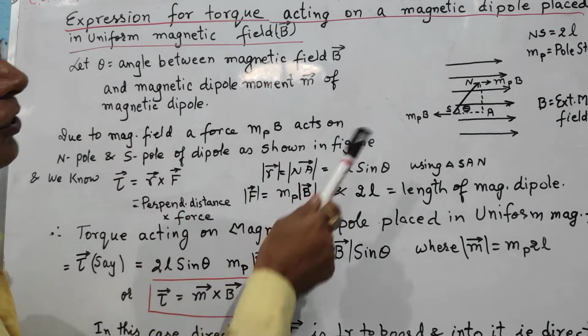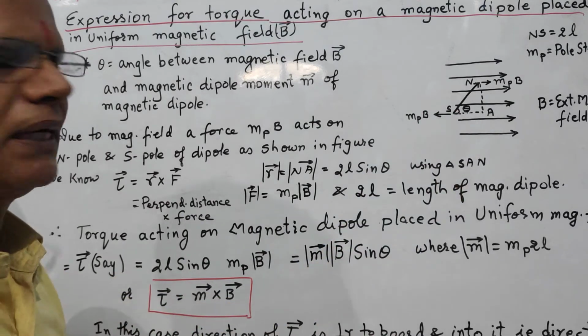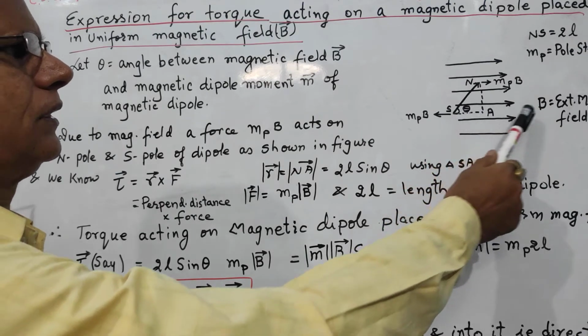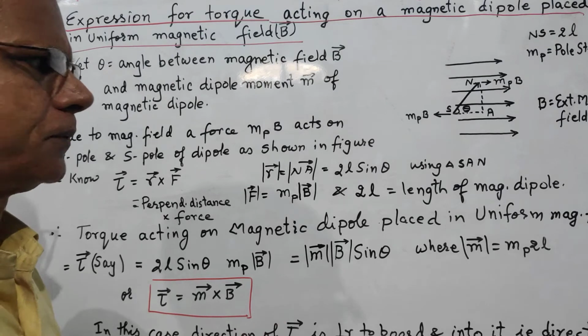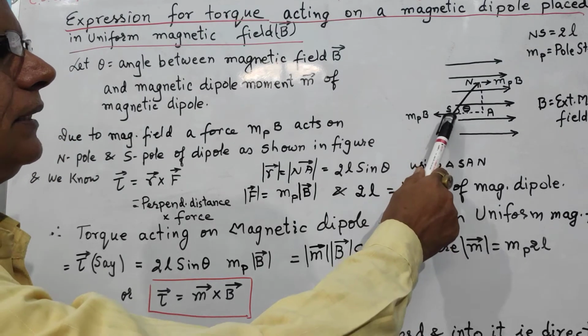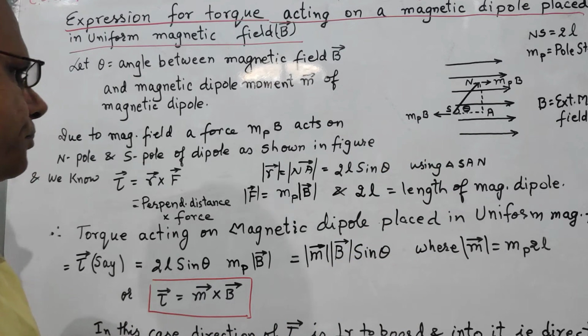Now we also assume that the magnetic dipole placed in uniform magnetic field is making some angle theta with the direction of magnetic field in which it is placed. Now we have to find the torque acting on this magnetic dipole due to the magnetic field present over there.